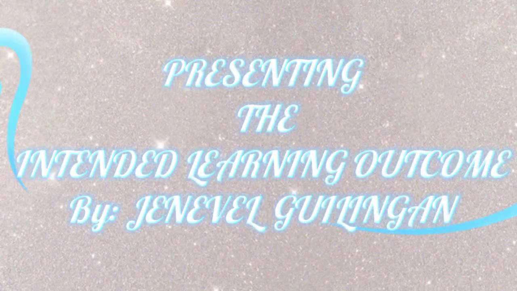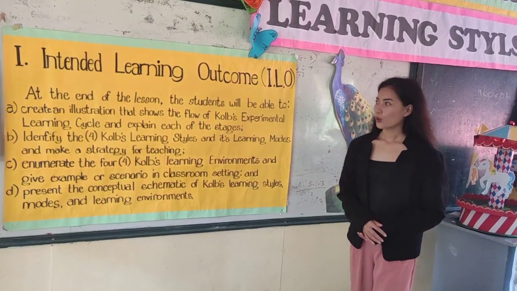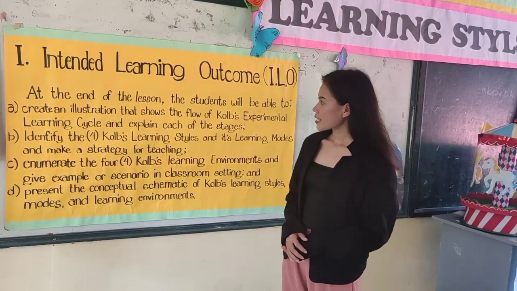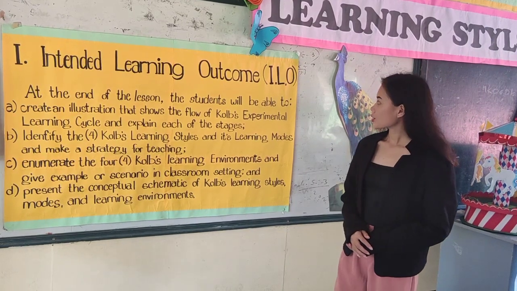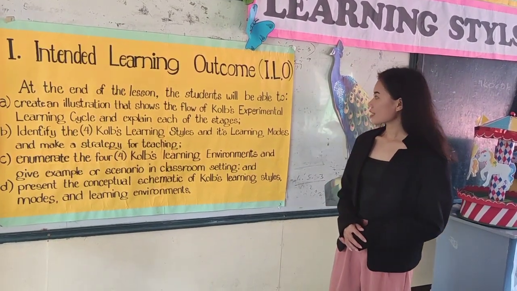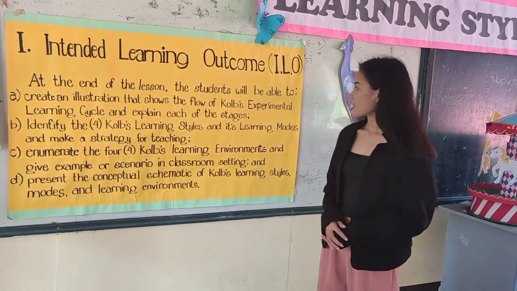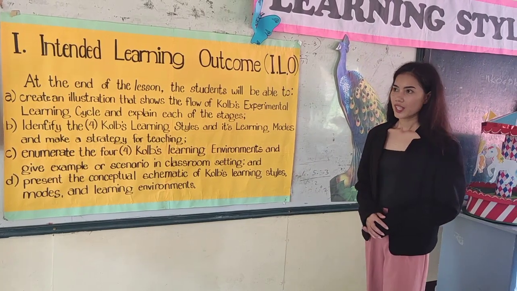Survivor! Presenting the intended learning outcome by Genevieve Gillingan. To present to you our intended learning outcome, or ILO. The first one is, at the end of the lesson, the student will be able to create an illustration that shows the flow of Kolb's experiential learning cycle and explain each of the stages.